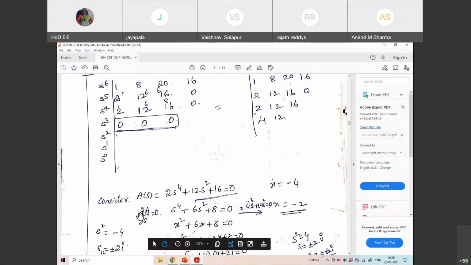So dA by ds equal to 0. What could it be? 4 into 2, so 4s cube plus 12s. Are you getting it? 4s cube plus 12s is the derivative.